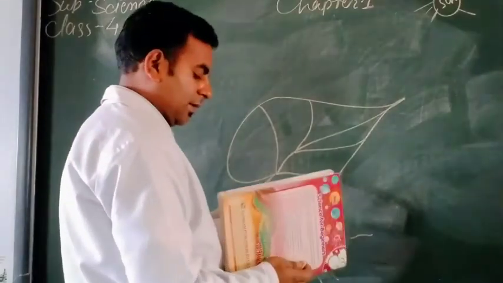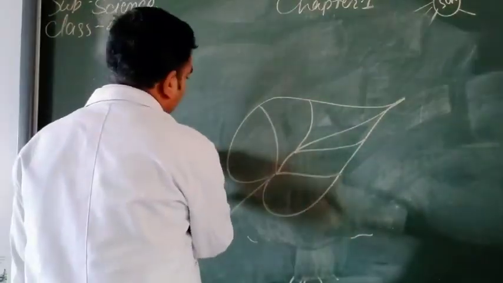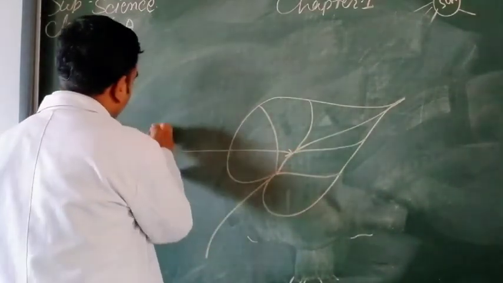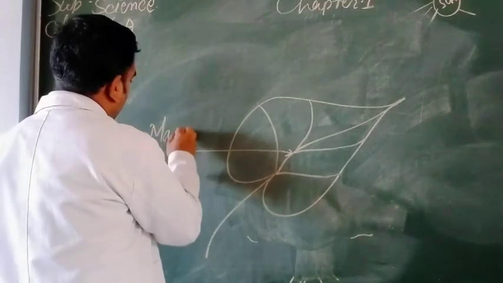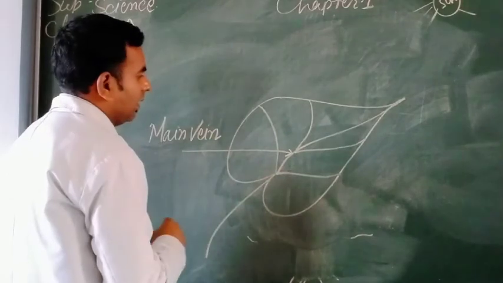This is the internal structure of the leaf. Okay. This vein is called the main vein. Okay.